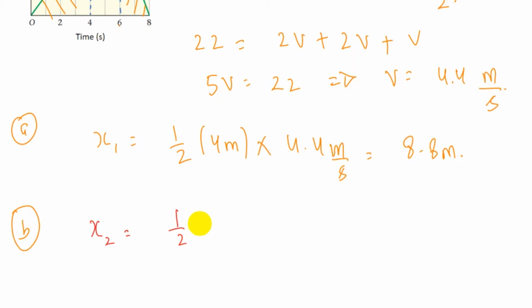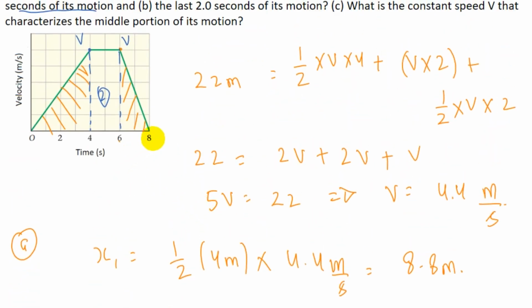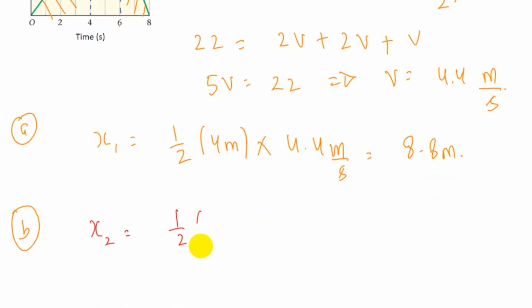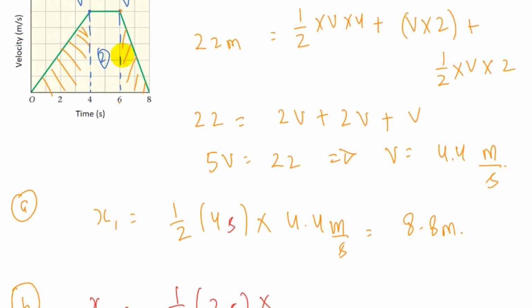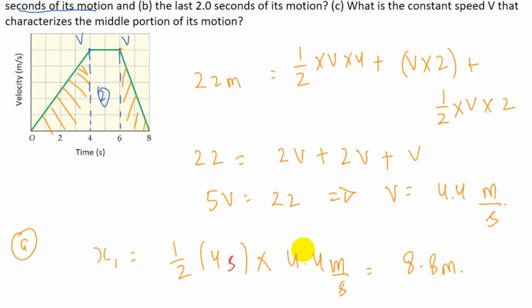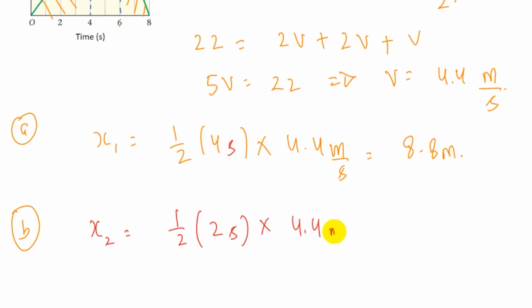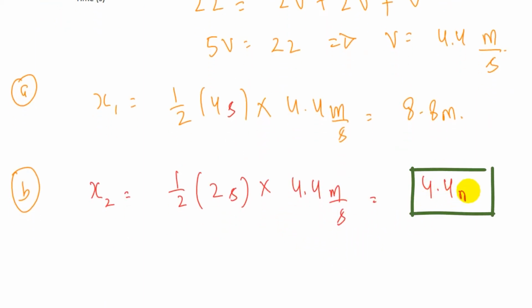So half base multiplied by height. The base is 8 minus 6, which is 2 seconds, sorry, this is seconds here, not meters, multiplied by the height, 4.4 meters per second. So this would equal 4.4 meters. This is the answer for part B.